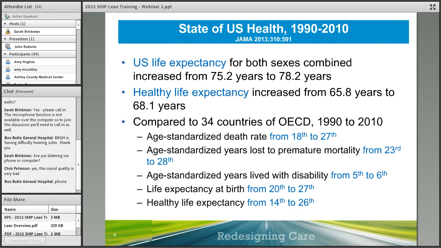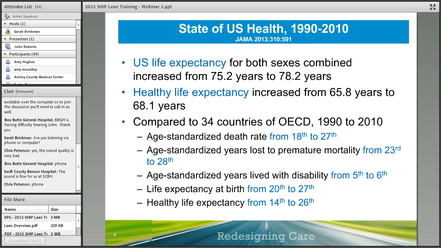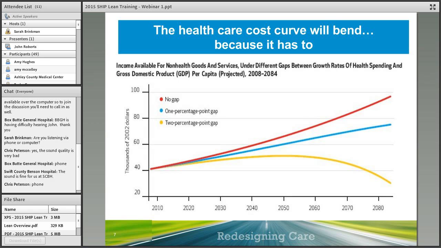Life expectancy has increased only slightly, but compared to another 34 countries, when looking at healthcare status, we continue to drop significantly in a lot of different areas. So that's why people are looking at redesigning the healthcare system, because we're spending twice as much as other countries, and yet the health outcomes that we get for spending that money continue to decline.